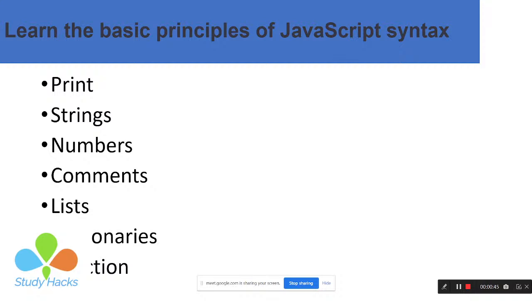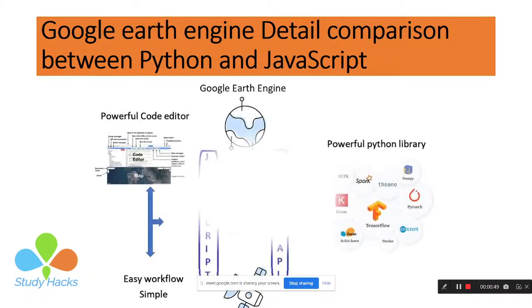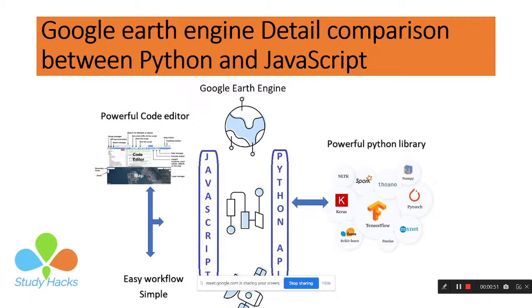What is the comparison between Python and JavaScript? Now I will discuss the detailed comparison between Python and JavaScript in Google Earth Engine. The JavaScript code editor is a very powerful code editor. Here you can easily get the asset tab, script tab, get link button, and different types of operations, and we can easily work with this.